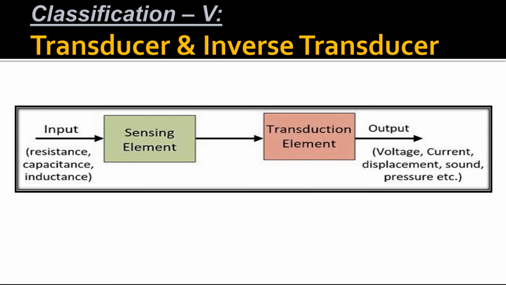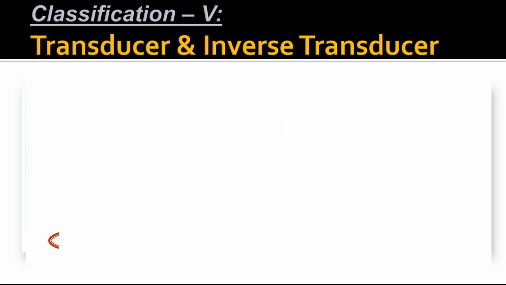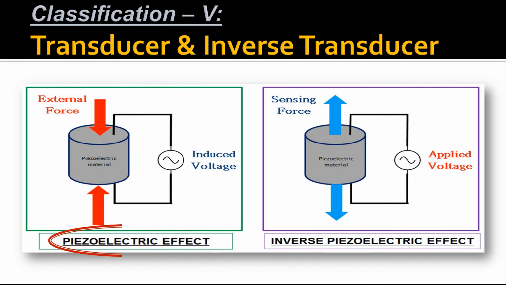Another classification is of transducer and inverse transducer. The input to the sensing elements can be in the form of resistance, capacitance, and inductance. After passing through the transduction element, it can be converted to voltage, current, displacement, sound, pressure, etc. Transducer can convert non-electrical quantity to electrical quantity.